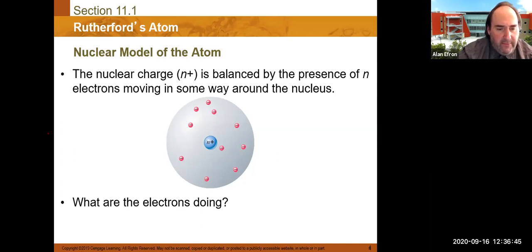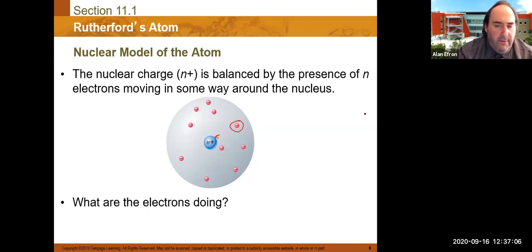So what's happening with these electrons? Obviously, the positive nuclear charge is present as those electrons are moving away. They are moving around, but there is some attraction that has to happen between our negatively charged electrons and our positively charged nucleus.